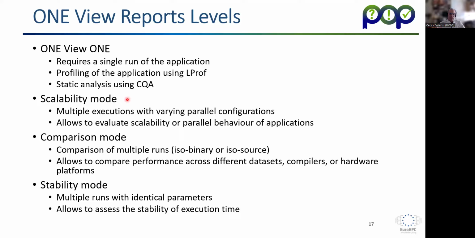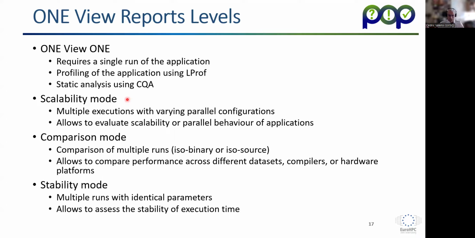The scalability mode will involve multiple runs of the application. The idea is that we'll be executing the application multiple times with different parallel configurations specified by the user, of course. So the basic example is running the application on 1, 2, 4, 8, 16, 32 threads, for instance, one after the other.